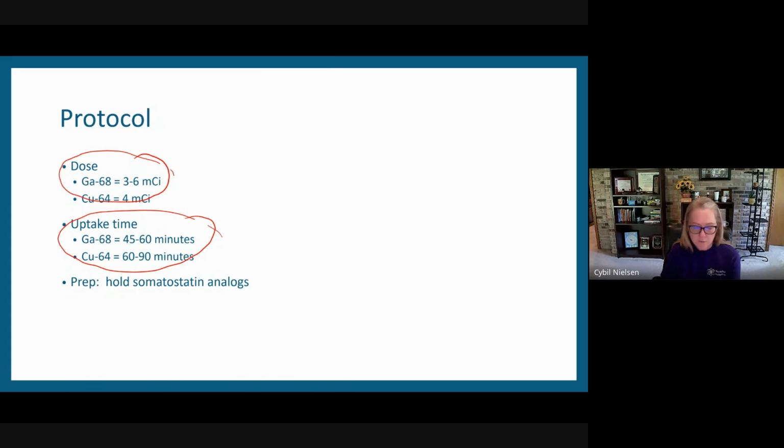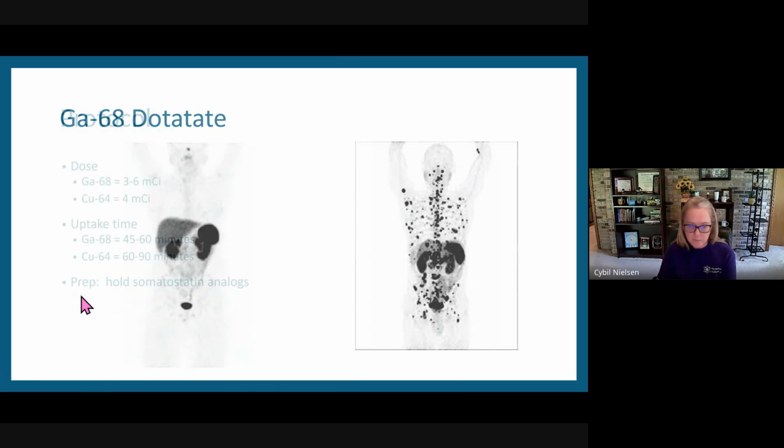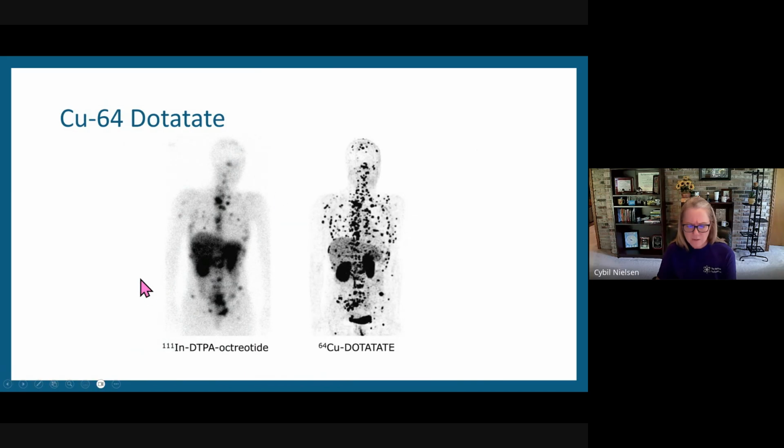Uptake time, very similar. Prep, take away their somatostatin analog. So that's the medication that they're taking, and that's going to the same receptors as this radiopharmaceutical is. And so you have to take them off of that. There's nothing really unique about the imaging. It goes to the liver, the spleen, and the kidneys. So there's nothing really unique.